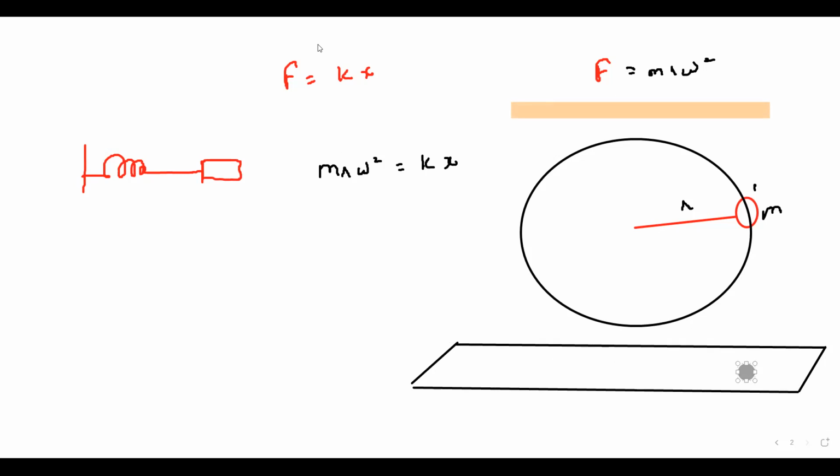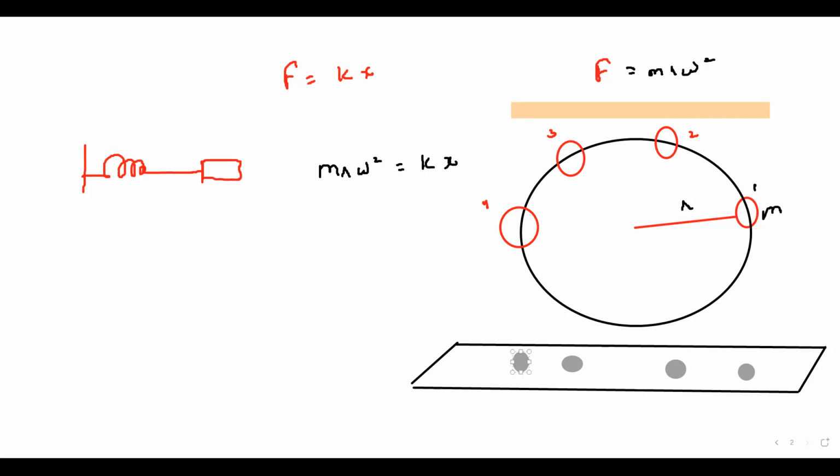When the object is at position 2, its shadow will be at this point. When the object is at position 3, the shadow will be here. When the object is at position 4, this will be the position.